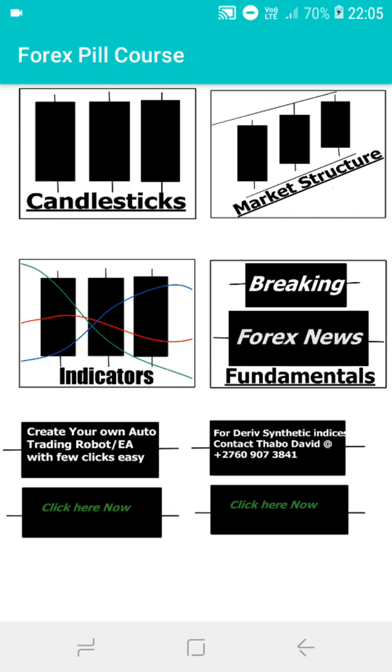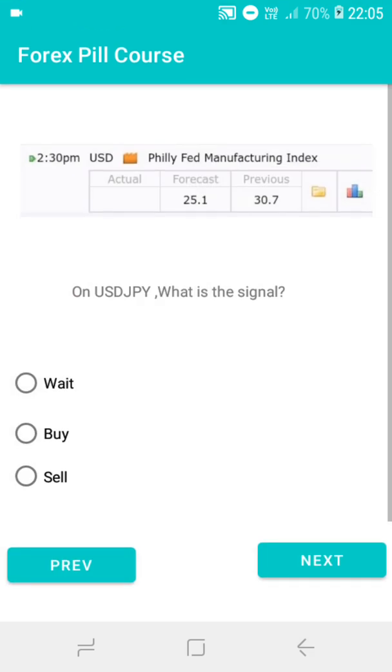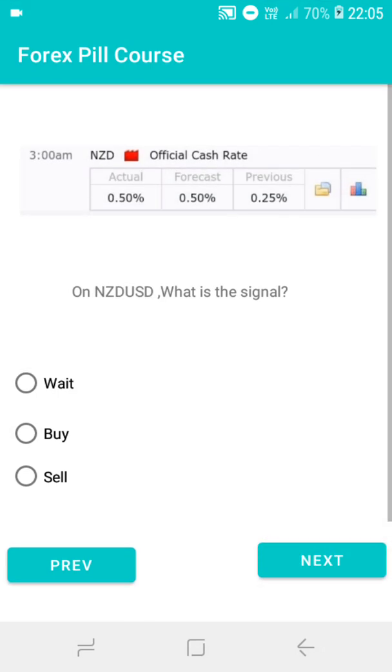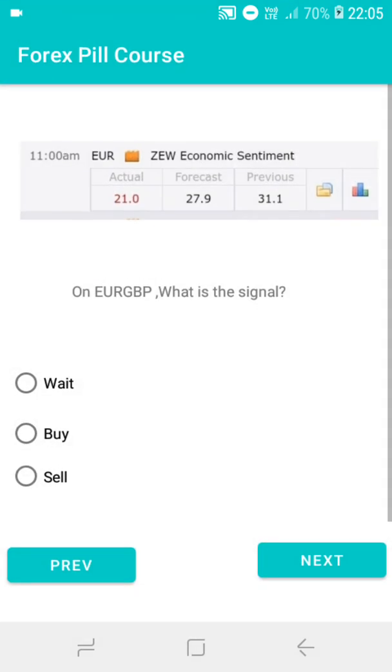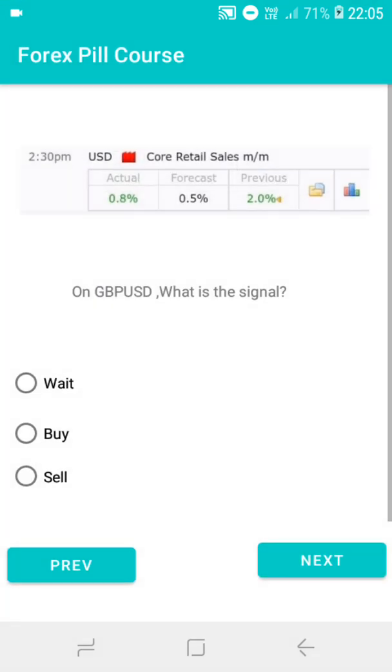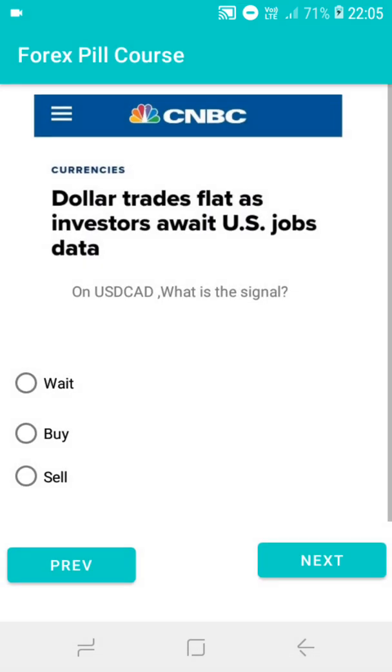Okay, I will show an example here. Let me go to fundamentals. I'm not answering the questions, I'm just trying to show you why the basics are most important, no matter what you think you know. A lot of people, like in this question here, you can see CNBC broke the news and said dollar trades flat as investors await USA job data.